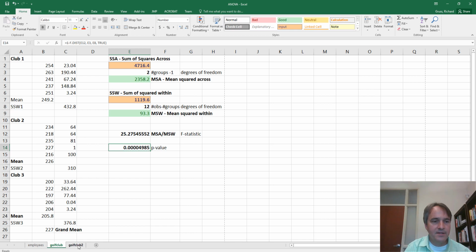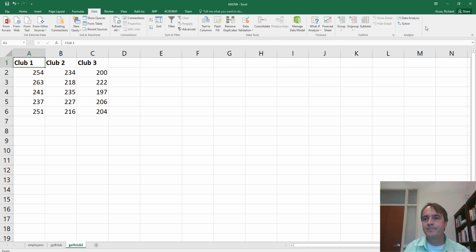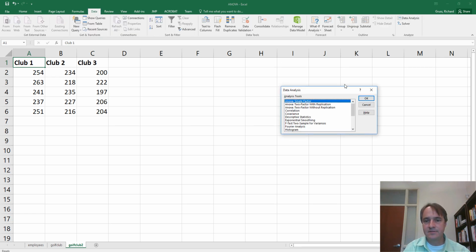What I've done on this worksheet, and I'll make this available on D2L, is put down the clubs here, the same measurements that we had in the other one, just to make it convenient to put it into Excel's Anova. So now we're going to do the analysis of variance just using Excel's data plugin. We'll go to Data, Data Analysis, and way up here at the top we've got Anova single factor.